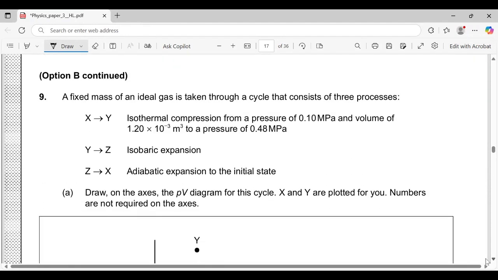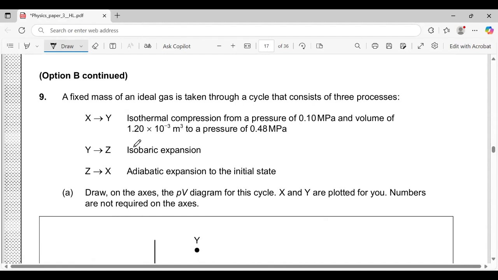Number 9. A fixed mass of an ideal gas is taken through a cycle that consists of 3 processes. X to Y is isothermal compression from a pressure of 0.10 megapascal and volume of 1.20 times 10 to the power minus 3 m cubed to a pressure of 0.48 MPa.